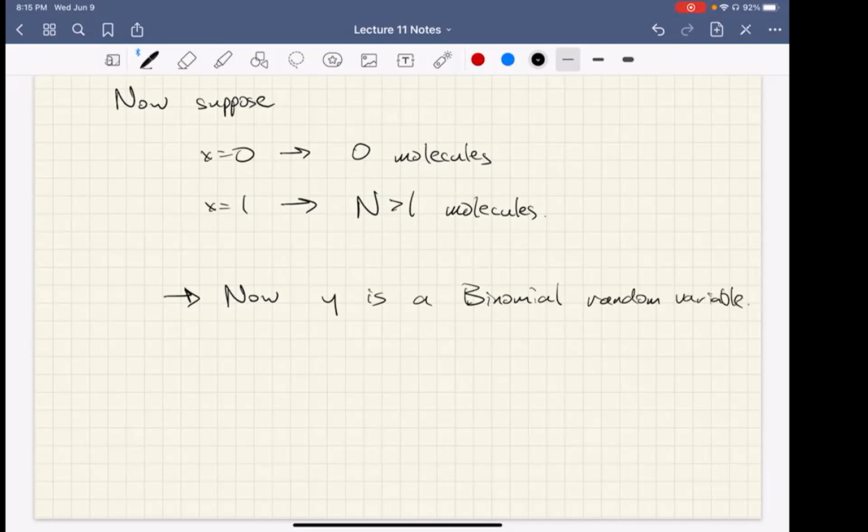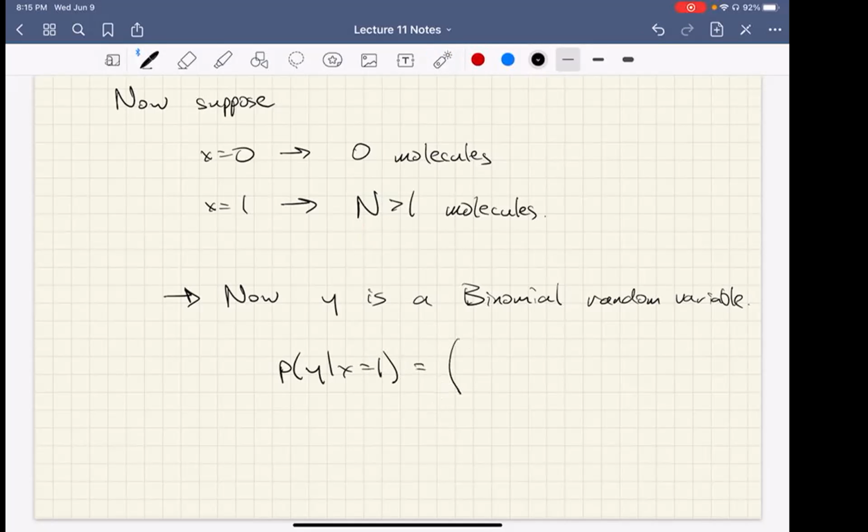We saw this a few lectures ago, when we were talking about how counting the number of molecules that end up in a region is naturally a binomial random variable. And in fact, we can write P of y given x equals 1. Given that I sent something, I must have sent N molecules at the beginning.